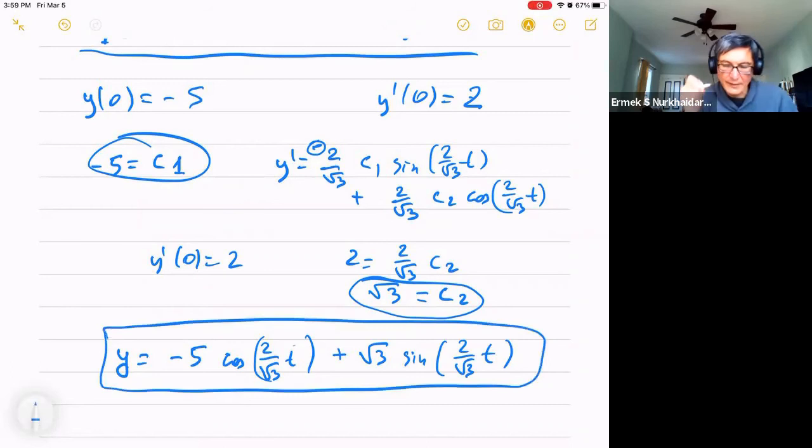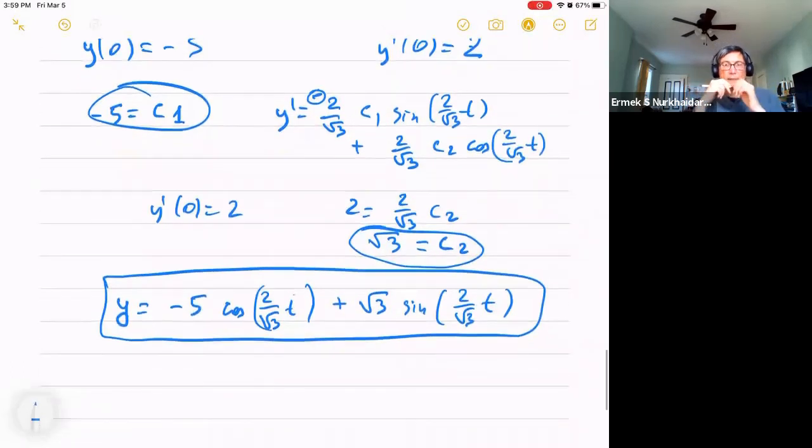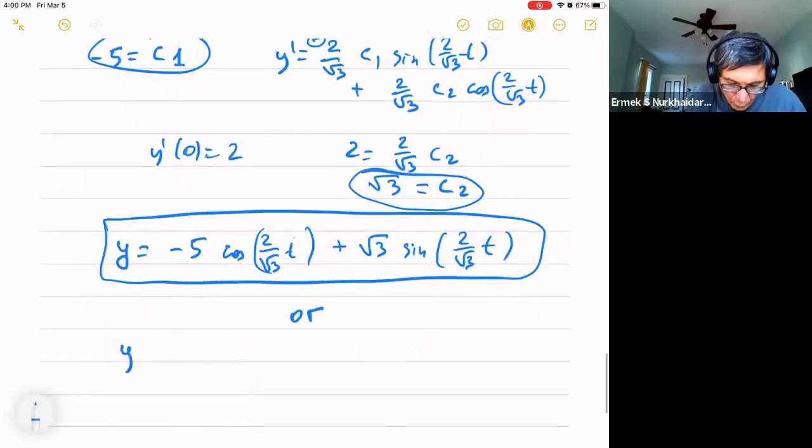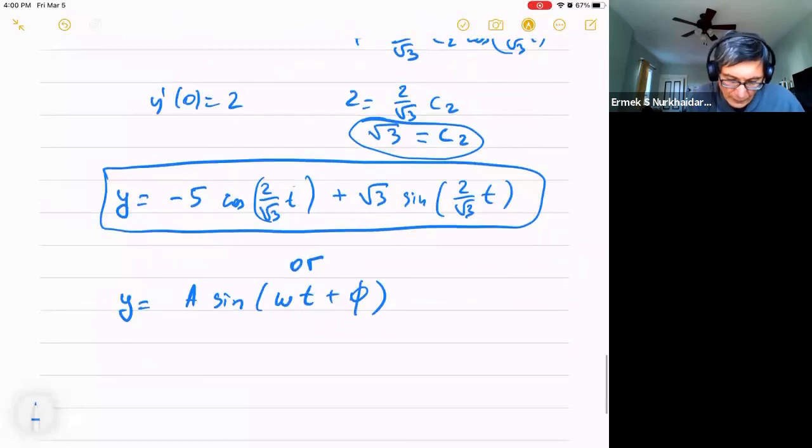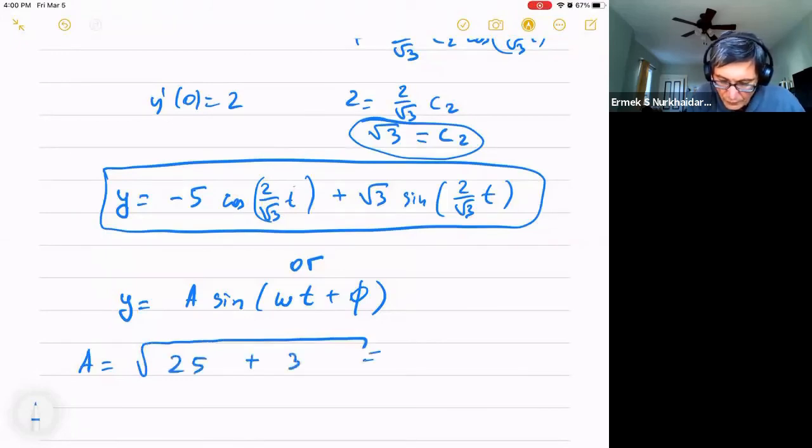Okay, that's how we will be given the answer in previous parts, like we were doing before. Now the y equals A sine(ωt plus phi) form. Let's figure out what A is. A equals the square root of 25 plus 3, so square root of 28. If you like, 2 square root of 7, that's better.